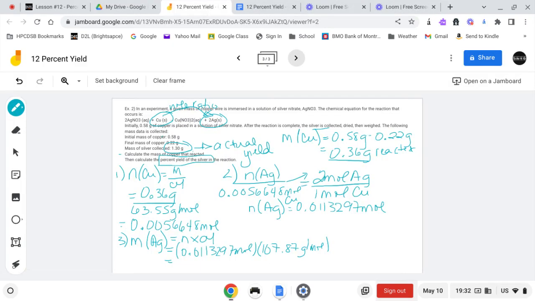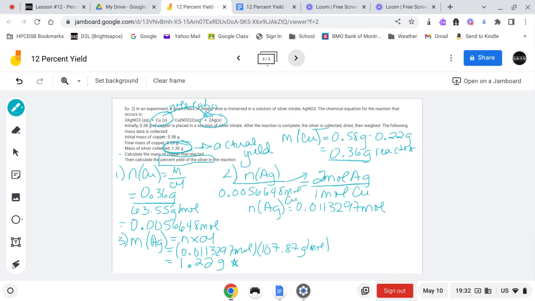Okay, we're back here and we should have gotten a mass value of 1.22 grams for silver. And what we'll do is we'll take a look now at the percent yield. So we know that the actual yield for silver is 1.30. We should have obtained 1.22. So I obtained actually a little bit more than I should have, but that's okay.